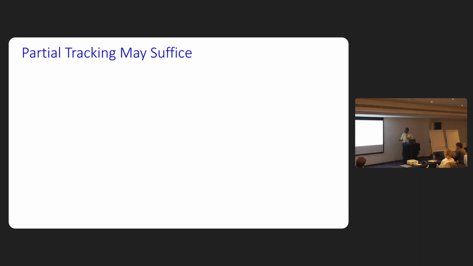notice this. Partial tracking may suffice sometimes. We tracked all of the possibilities before. Like we threw in all the possible ways in which linearizations could happen and threw that into the set P previously, right? But sometimes when you design an algorithm, you would have a lot of intuition about why that algorithm is correct. Like for instance, they might know ahead of time that DQ is going to linearize at this particular point in the execution, and it's not going to linearize anywhere else.